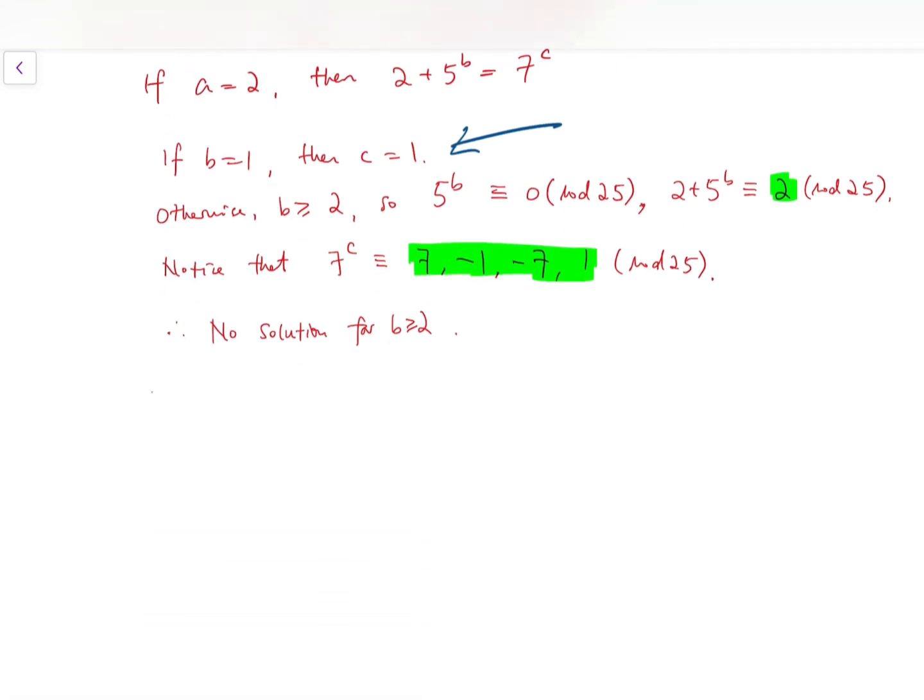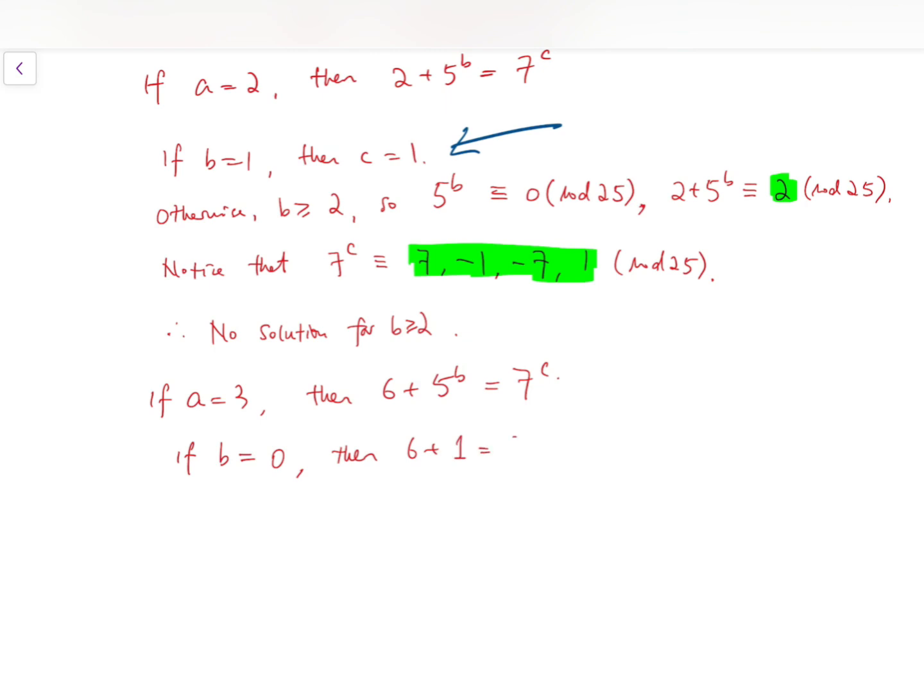Next we have a equals 3. Then 6 plus 5 to the b equals 7 to the power c. We can actually use a similar trick as above. If b equals 0, then 6 plus 1 equals 7, c equals 1.